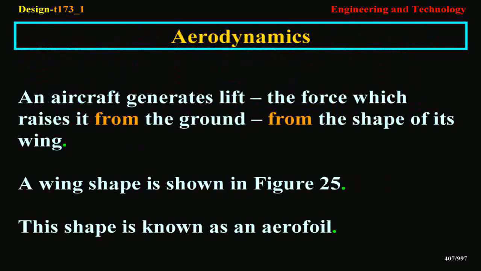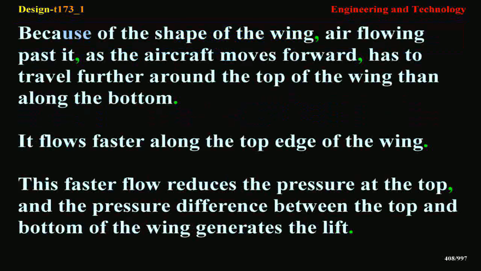Aerodynamics. An aircraft generates lift, the force which raises it from the ground, from the shape of its wing. A wing shape is shown in Figure 25. The shape is known as an airfoil. Air flowing past it, as the aircraft moves forward, has to travel further around the top of the wing than along the bottom. It flows faster along the top edge of the wing.